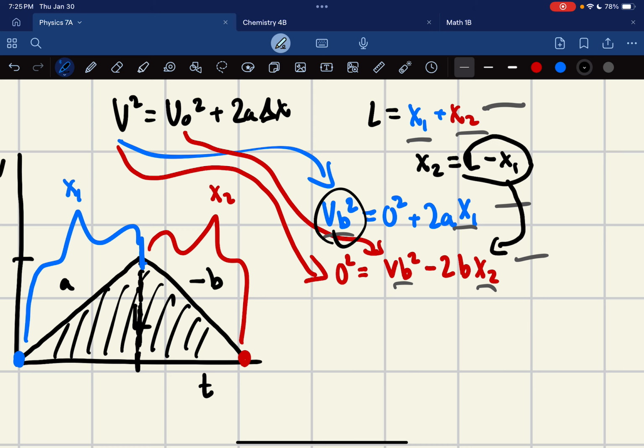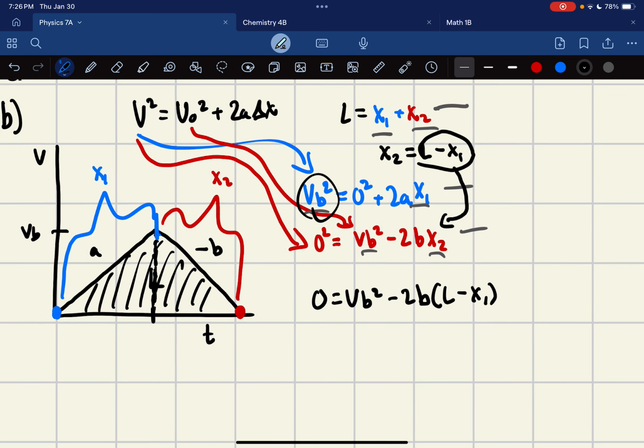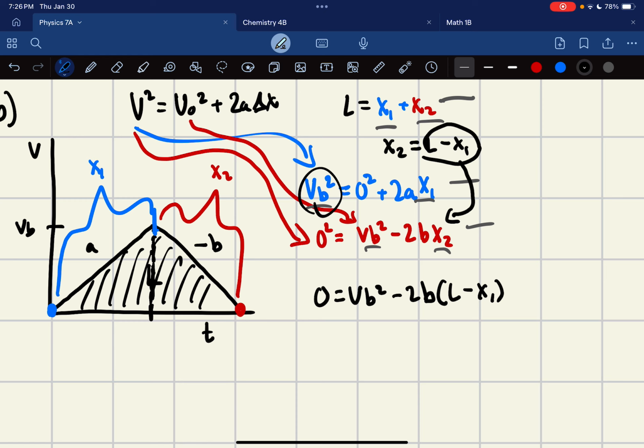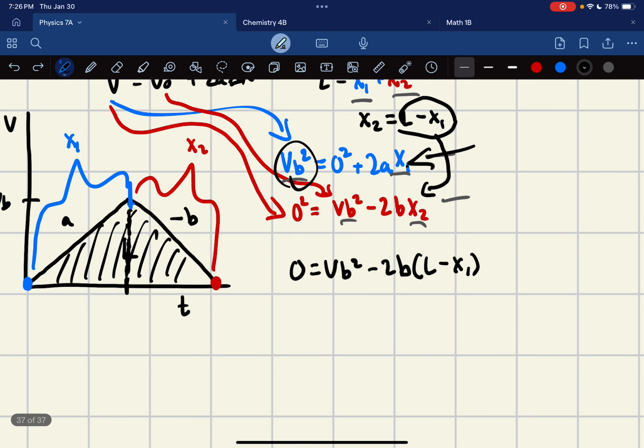Now I can plug this in for x2, and for my red equation I get 0 equals VB squared minus 2B times L minus x1. Sorry if it's getting a little messy with all the stuff. I'm going to solve the blue equation for x1 and plug that into here, and that should eliminate all of the unknown variables except for VB, which is what we were solving for.